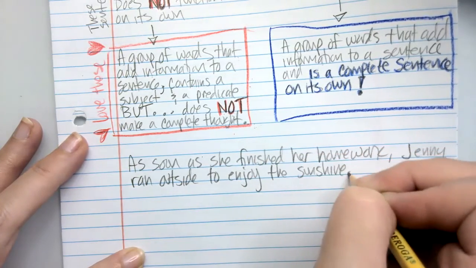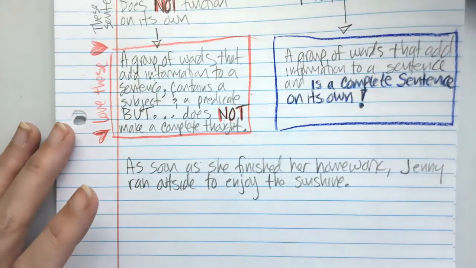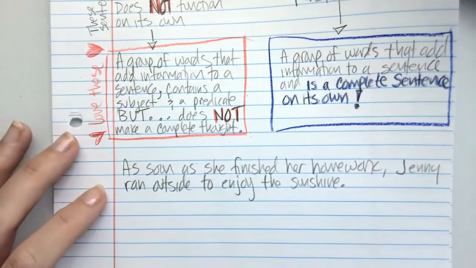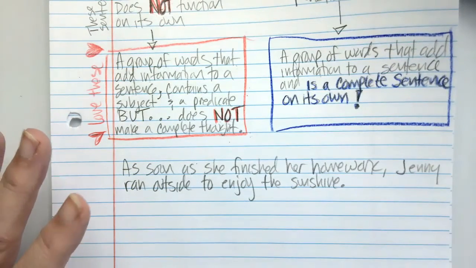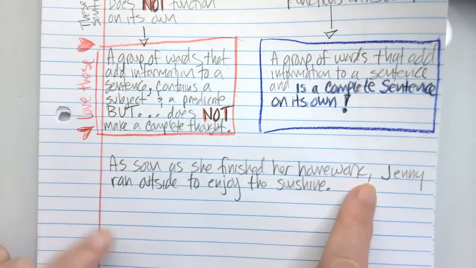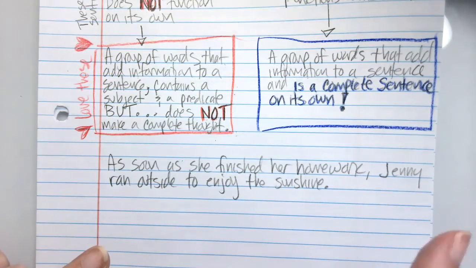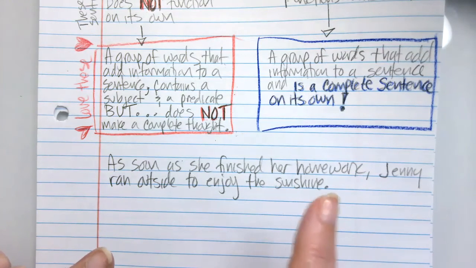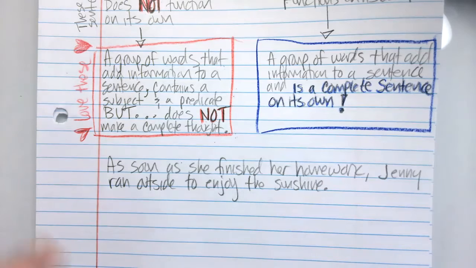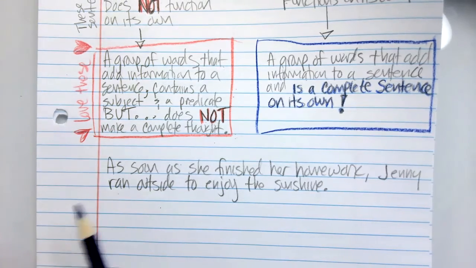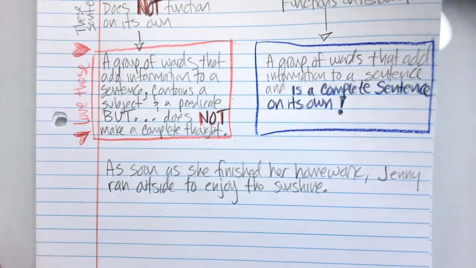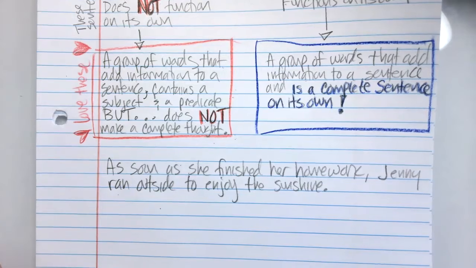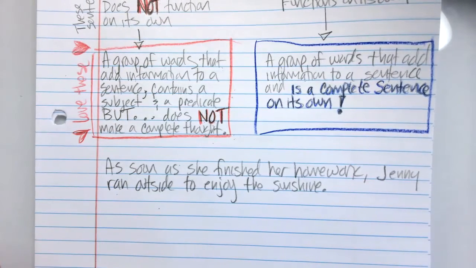Okay. Now, what we want to do is determine what part of this sentence stands all on its own. So we're going to read it and we're going to use the comma maybe to help us. These are not always separated by a comma, but if we do have a comma, we can see if maybe that's a helpful tool for us. As soon as she finished her homework, are you left wondering what happened as soon as she finished her homework?